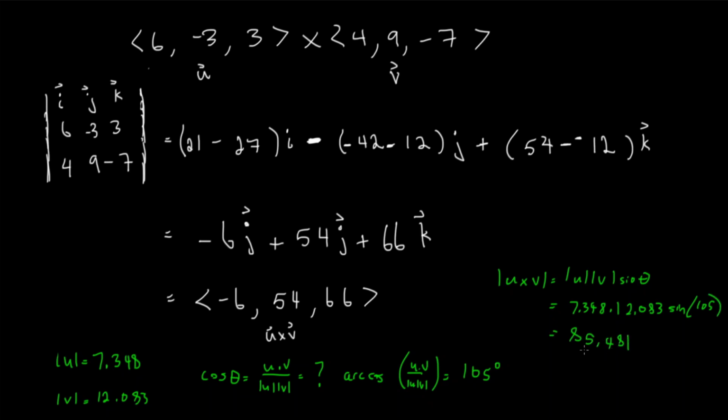85.481, right? But then when I found the magnitude of this thing, negative 6 squared plus 54 squared plus 66 squared, all square rooted, I also got 85.481.